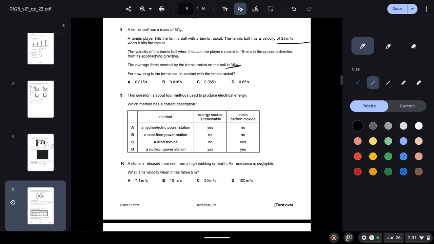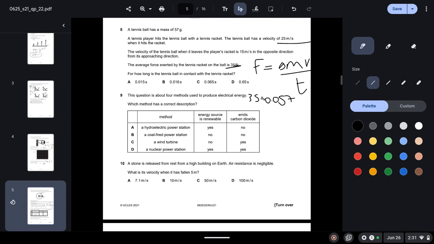So here we can use the impulse formula, which is F equals change in momentum over time. We need to calculate the time here. So we have the force, which is 35 newtons. Change in momentum we'll have to calculate. So mass will be 0.057 because we'll convert it into kilograms.